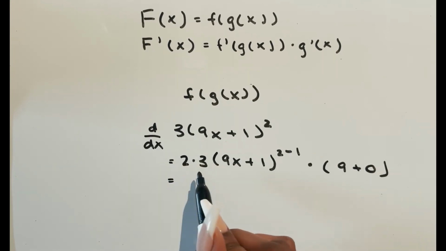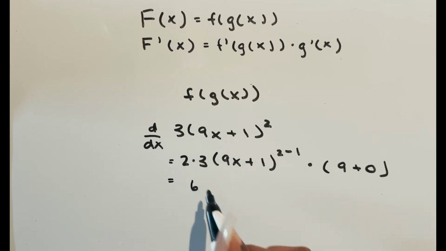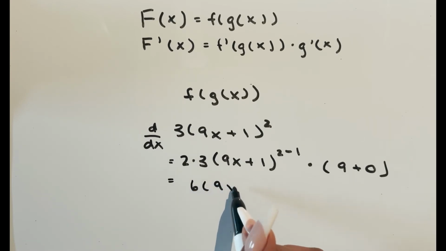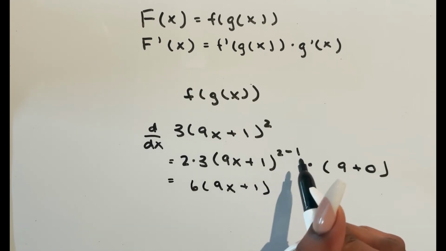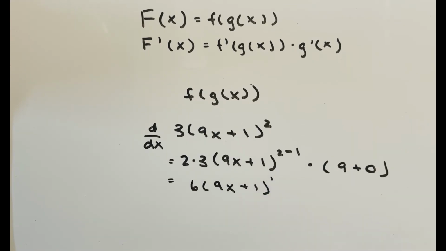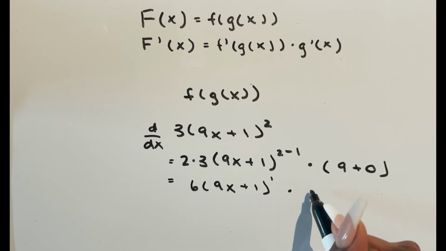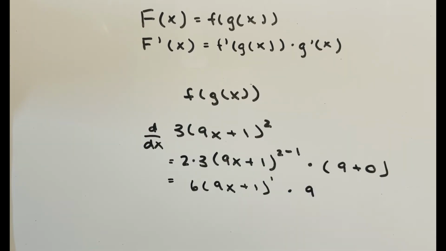Simplifying, 2 times 3 equals 6. Again, we'll leave the stuff inside of this parentheses alone. Then we have 2 minus 1, giving us an exponent of 1. And then we'll multiply times 9, because 9 plus 0 simply equals 9. Now this can be simplified one more time by multiplying 9 times 6, giving us 54 times (9x plus 1).